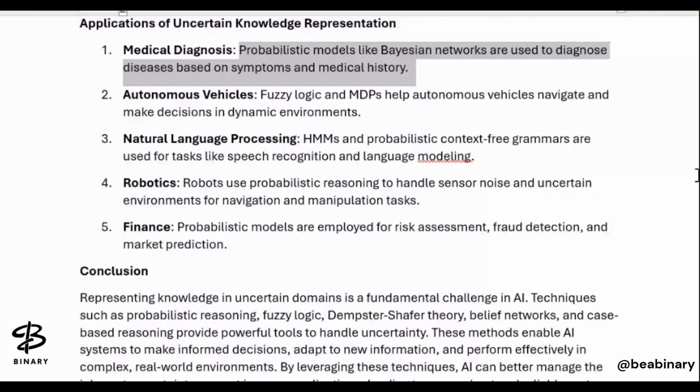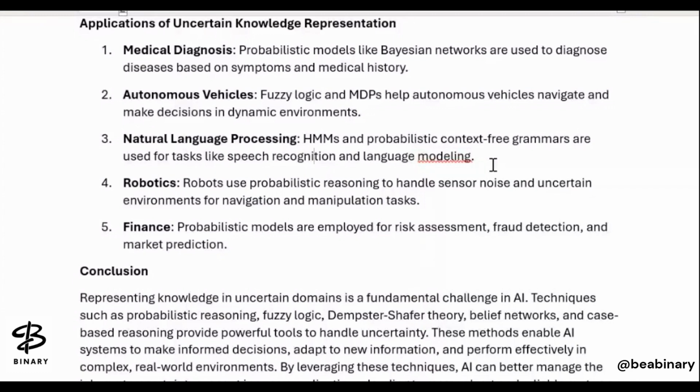What about autonomous vehicles? Autonomous vehicles are another application, where fuzzy logic and Markov decision processes help the vehicle navigate and make decisions in dynamic environments. What about natural language processing, or NLP? Here probabilistic context-free grammars are used for tasks like speech recognition and language modeling, as we have just talked about in an example also.